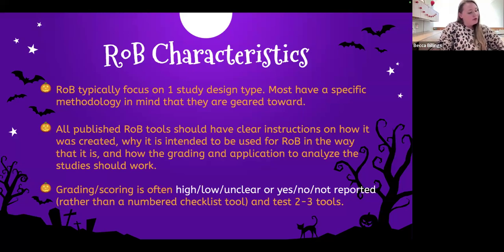So we do hear about critical appraisal all the time, and critical appraisal is very important in evidence-based practice, evidence-based medicine. But again, if you have questions asking, can this population be assessed in your hospital in this way, those are going to be your critical appraisal checklists and critical appraisal tools. And those should not be used to assess the methodology of a risk of bias tool.